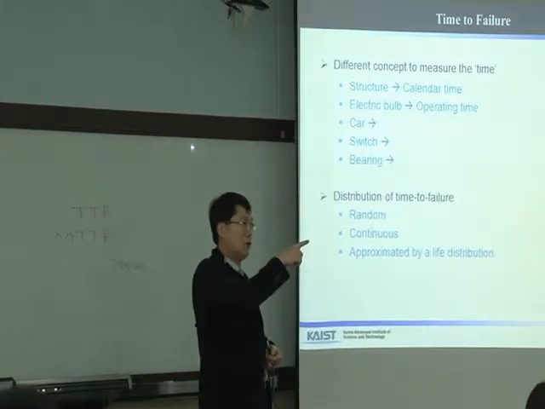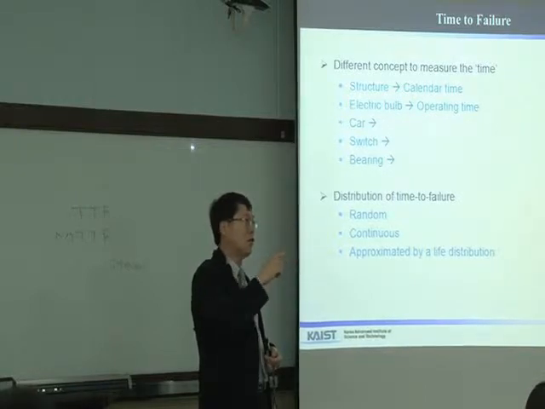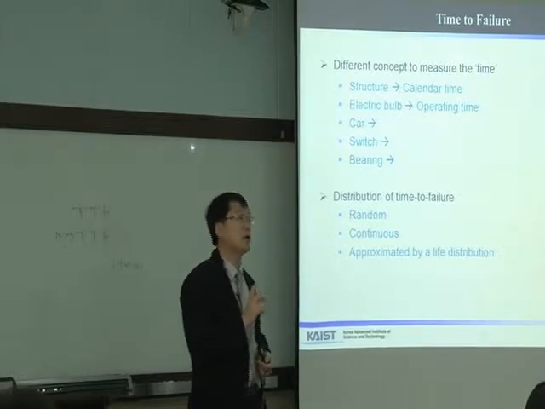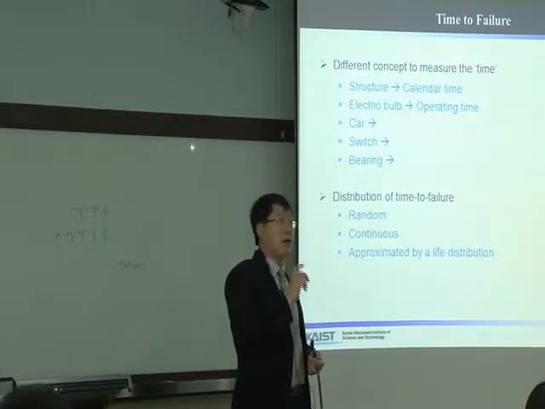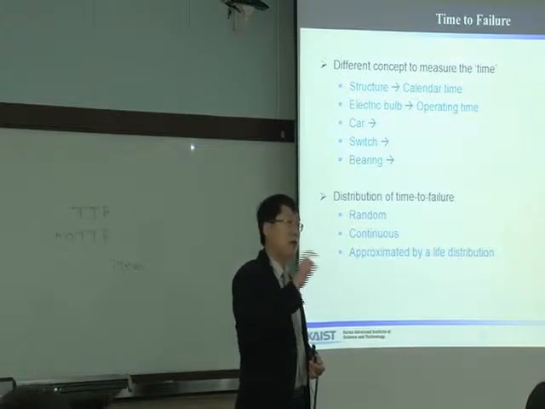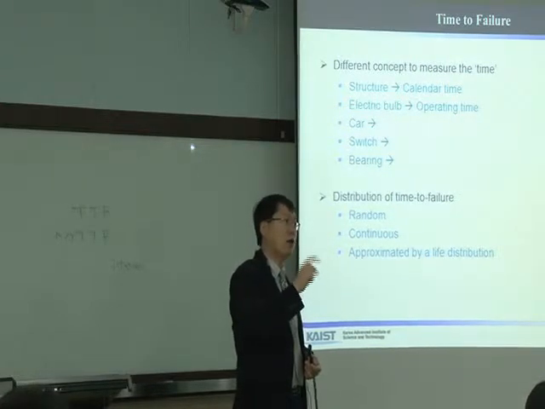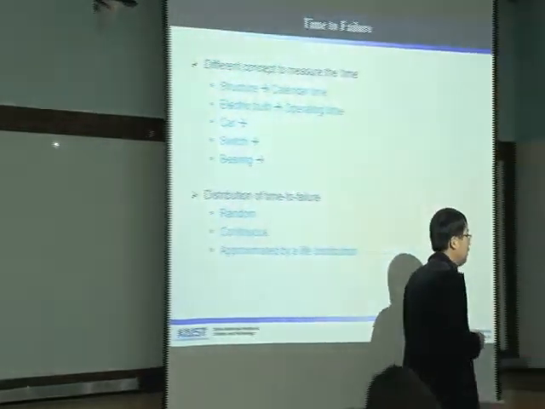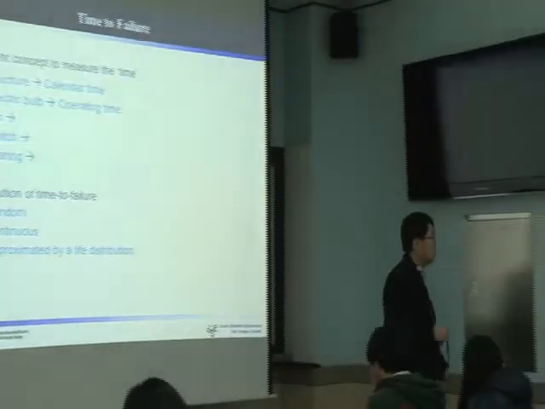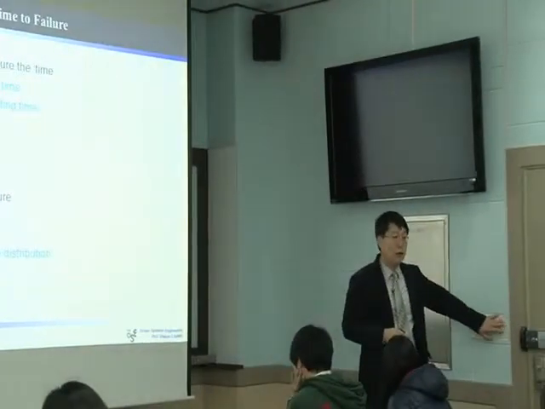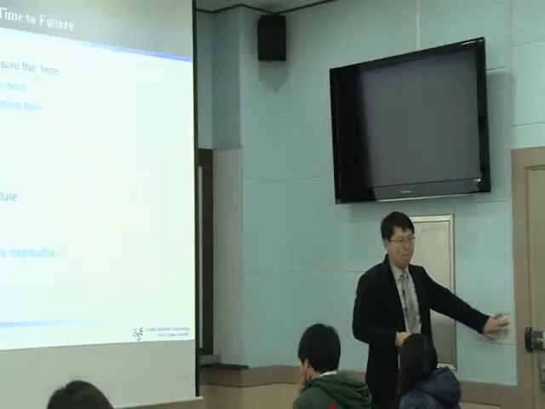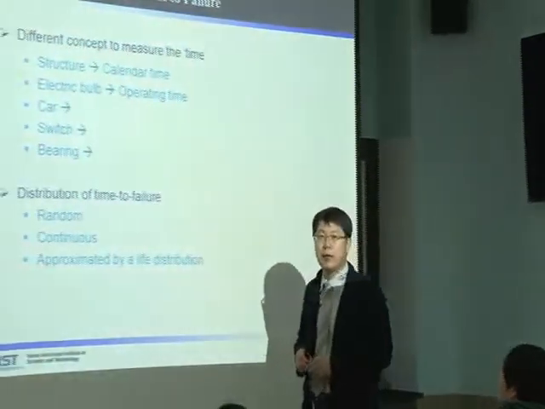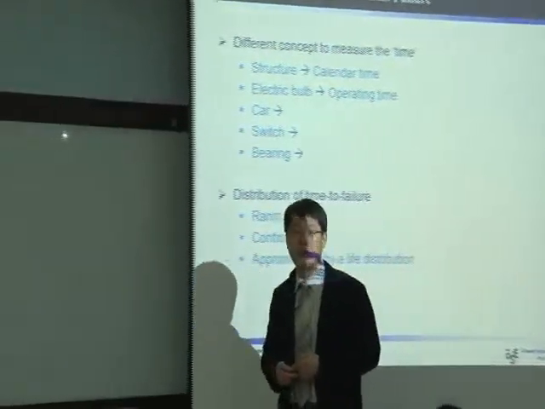For a switch, the correct way to express the time may be the frequency: how often it is pushed. For a bearing, maybe the operating time will be the correct time.